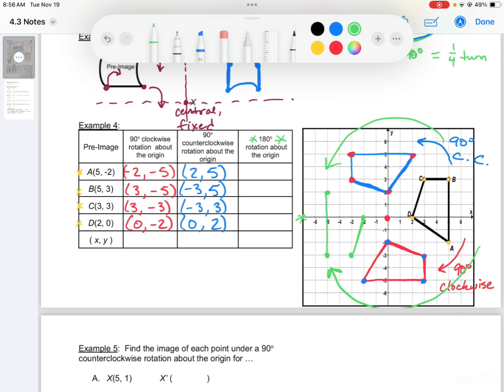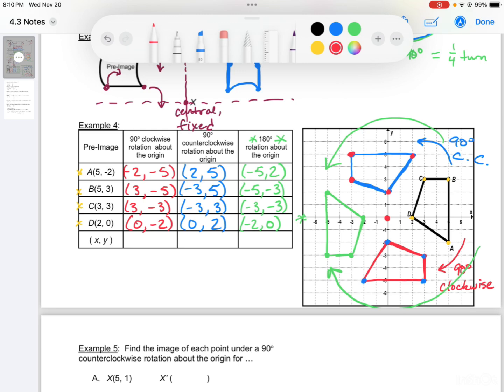And -2, 0. And if I connect these points, you'll see my image has been rotated 180 degrees. And just to go over those points again, they're -5, 2, -5, -3, -3, -3, -2, 0.